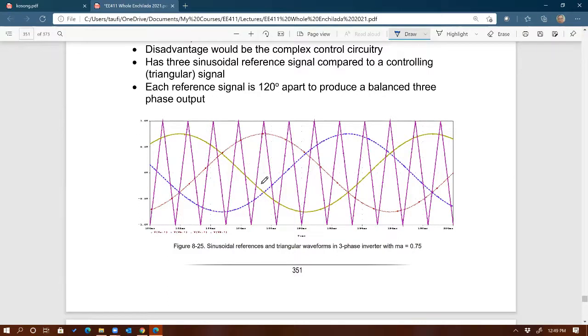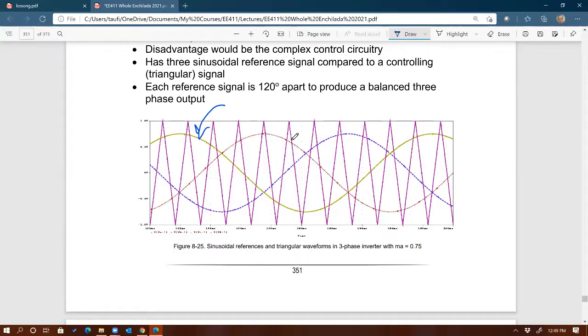So the reference signal right here, which has much smaller frequency than the triangular waveform, controls the frequency of the output. So if you want the output voltage of the PWM inverter to have 60 Hertz frequency, then the reference signal will also have to have 60 Hertz in frequency. So the 3 sine waves right there would have 60 Hertz. If you do that, then you get 60 Hertz on the output.